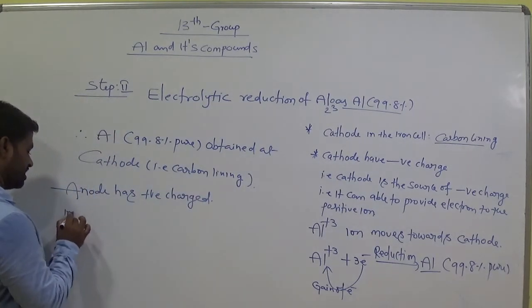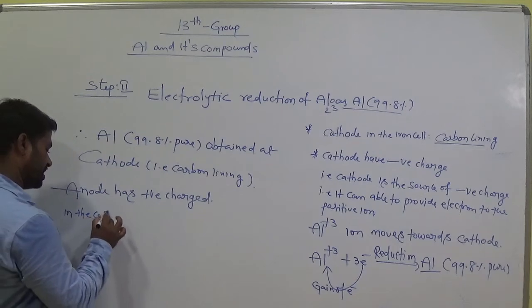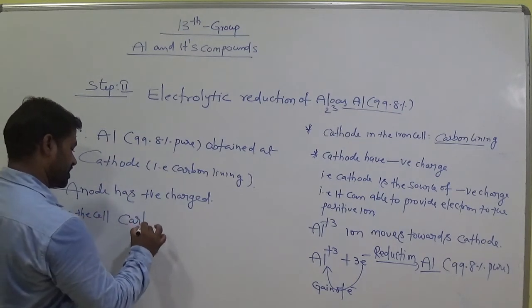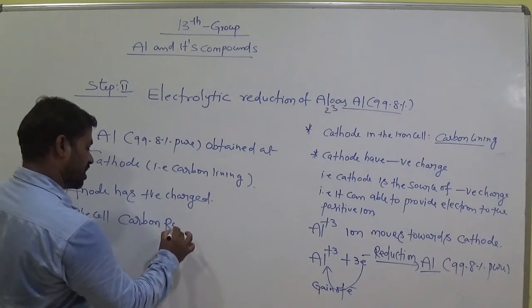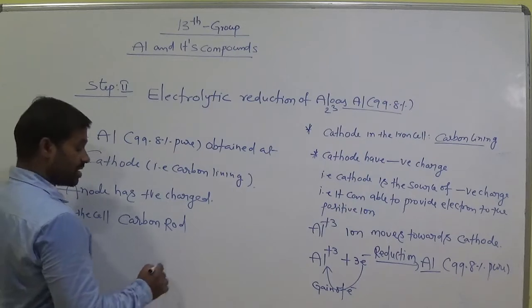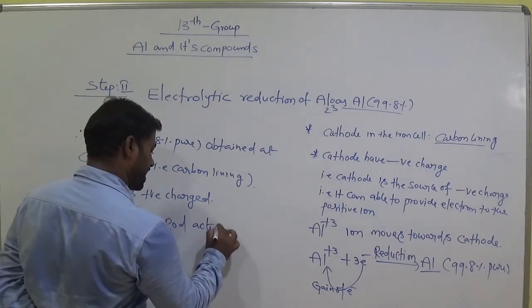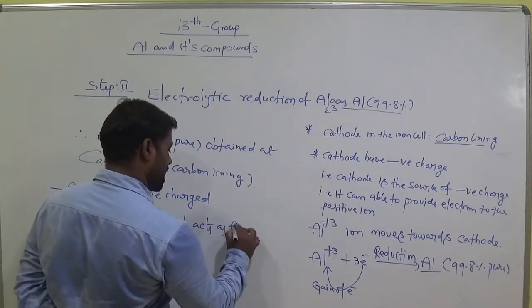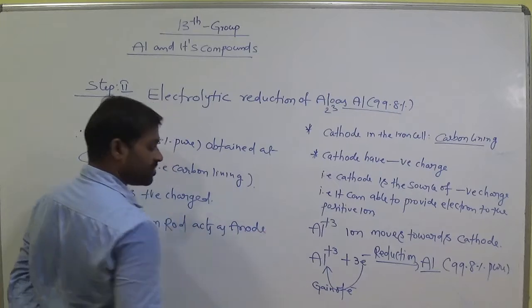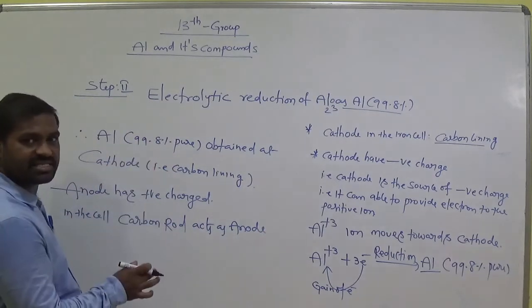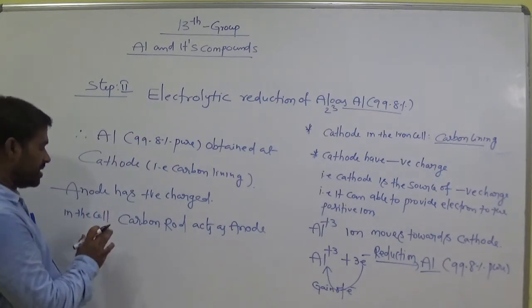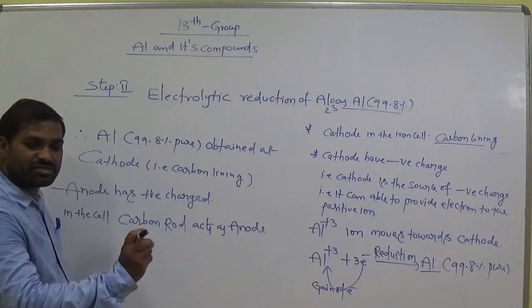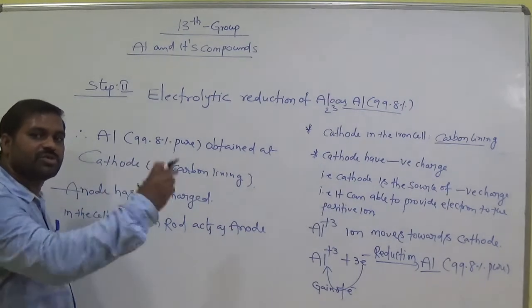So in the cell, the carbon rod or graphite acts as the anode. So the carbon rod in the cell is positive. F minus is negative, so F minus ion moves towards the positive.